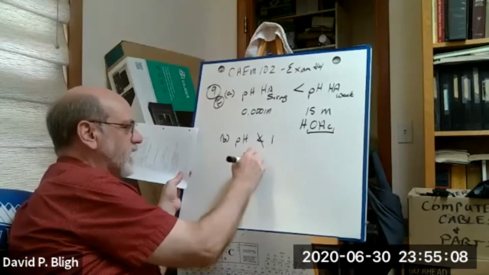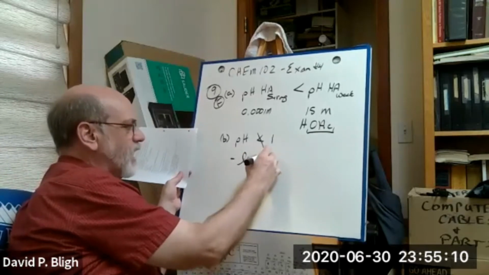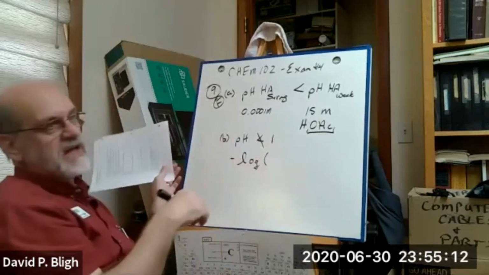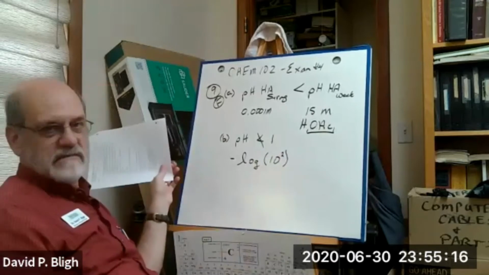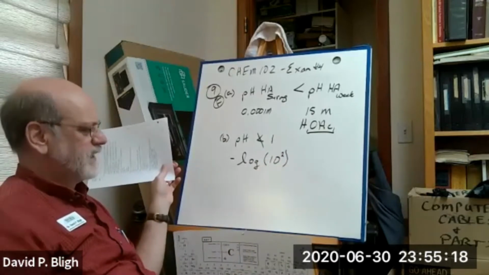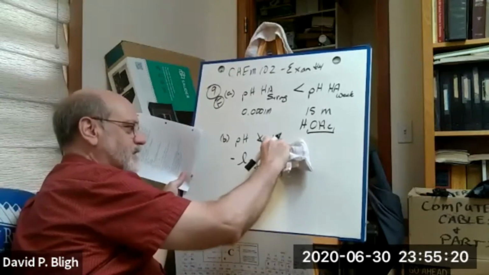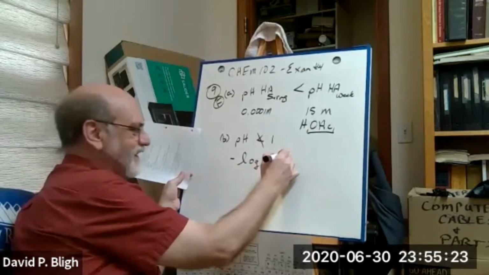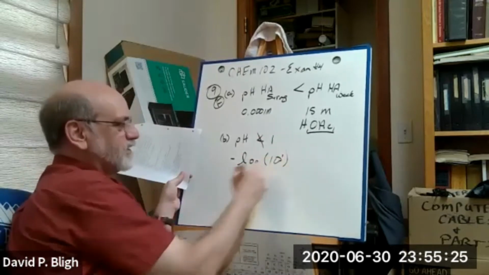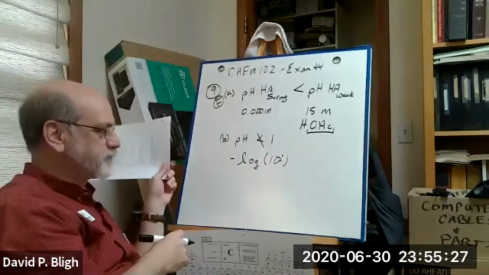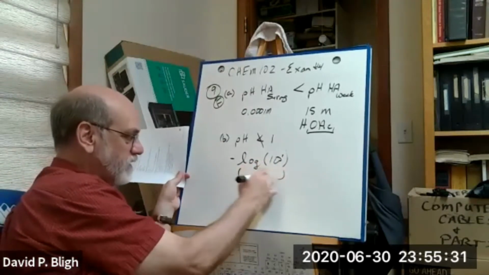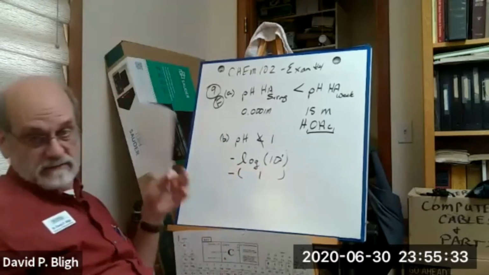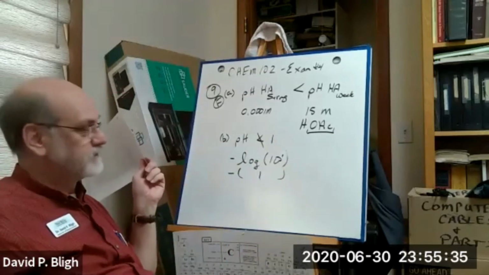Yeah, negative log of, let's say, 100 molar. That's too much. Let's be more realistic. Say 10 molar, right? 10 to the first power. So this would be 1 right here, and that would be your negative 1 pH.